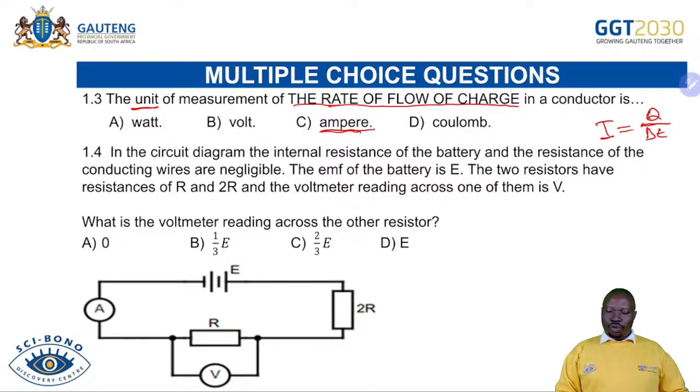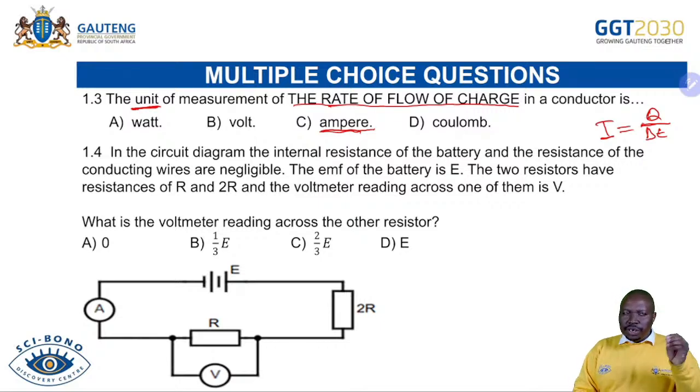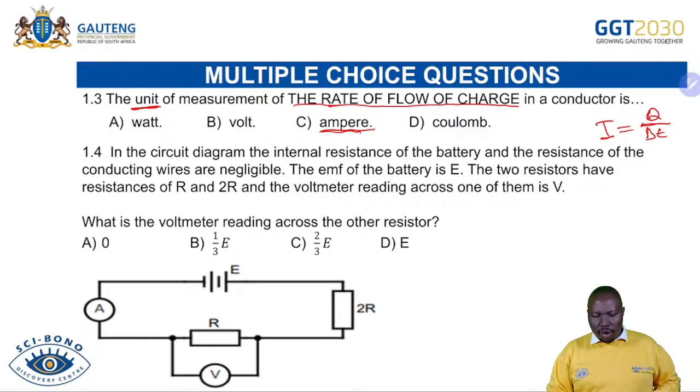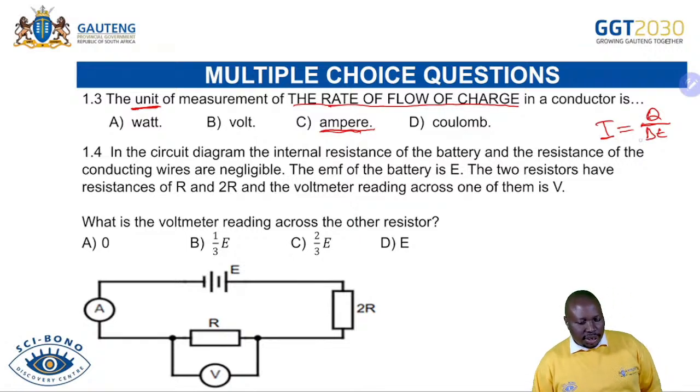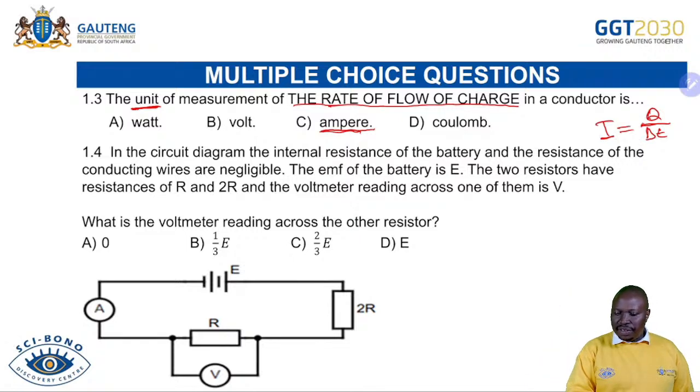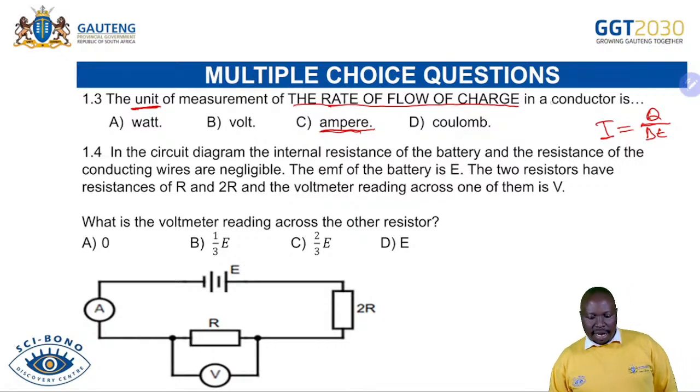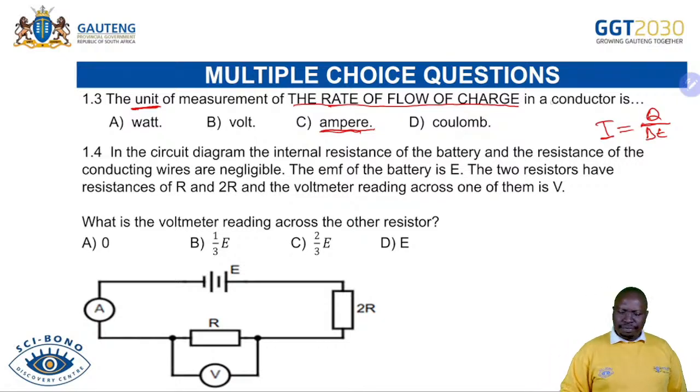Hence, number C will be your correct answer. So I'm hoping that you don't lose those keywords like the unit, because we are saying the SI unit. So we are not looking for current, we are looking for the SI unit of current, in this case of the rate of flow of charge, which is amperes. I hope we did well in terms of that.